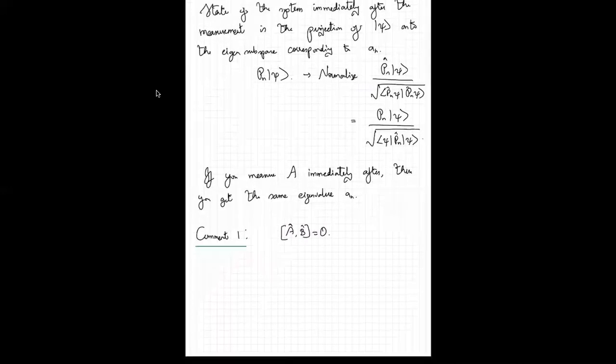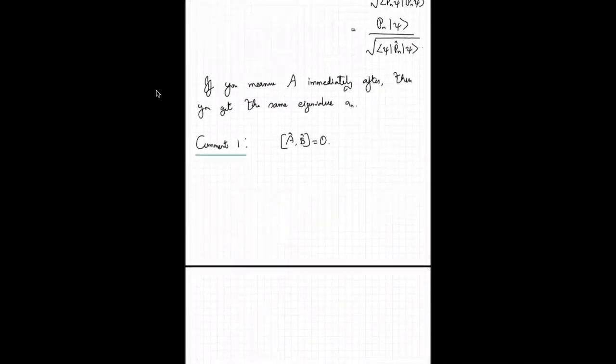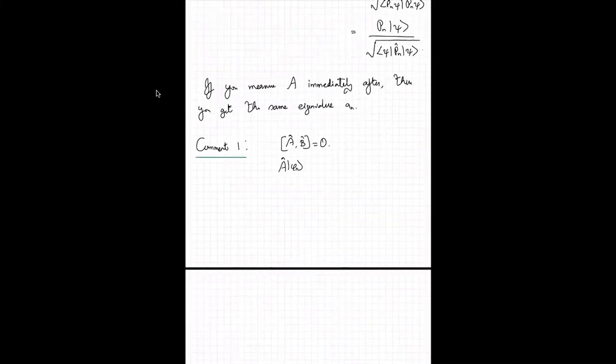So A acting on phi n is An acting on phi n, and B acting on phi n is some other eigenvalue corresponding to the same eigenvectors phi n, because A and B are commuting operators.